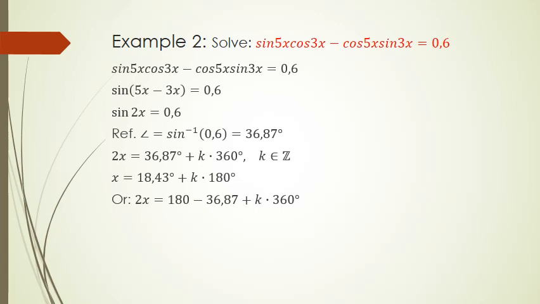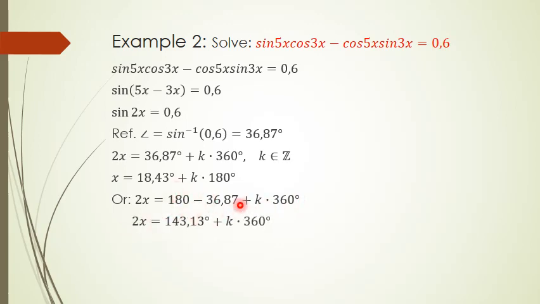Then we move to the second quadrant. In the second quadrant, 2x is equal to 180 minus the reference angle 36.87 plus k times 360 degrees.